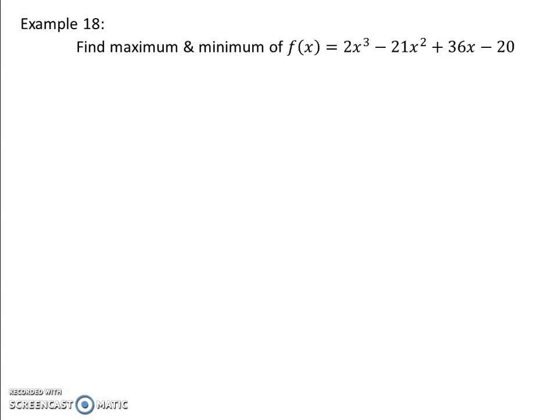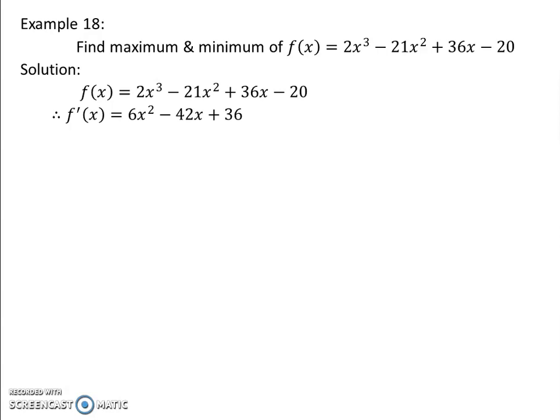Let's solve some examples. Find the maximum and minimum of 2x cube minus 21x square plus 36x minus 20. So we will first differentiate this with respect to x. Therefore, f dash of x equal to 6x square minus 42x plus 36.